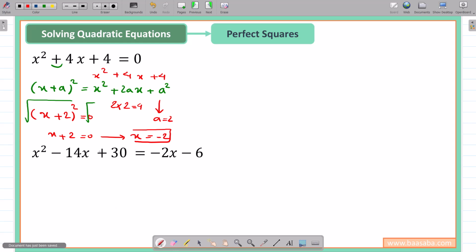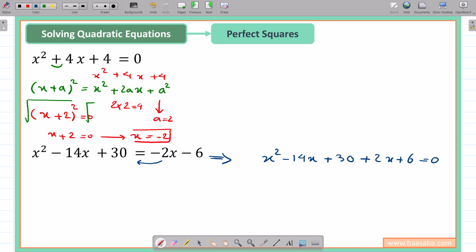When you don't have a clean quadratic equation, you have to make it clean. For example, here, first you have to move all the terms to the left side and make the right side 0 and then try to solve it. x squared plus 2 minus 14x plus 30 plus 2x plus 6 is equal to 0.